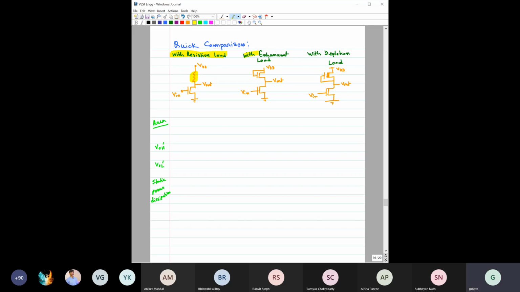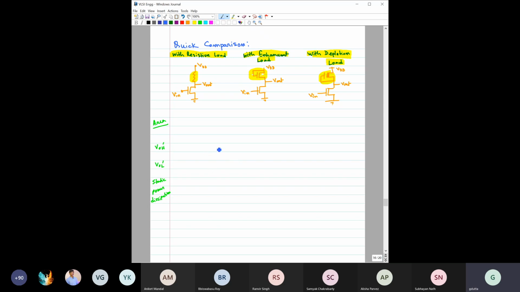Then the enhancement load, which we discussed yesterday, and the depletion load, which we discussed today. Let us take them one by one and analyze their performance in terms of area, VOH dash, VOL dash, static power dissipation, and so on.